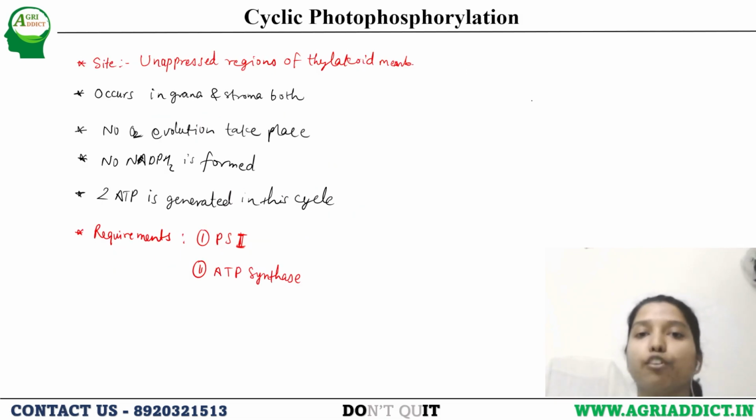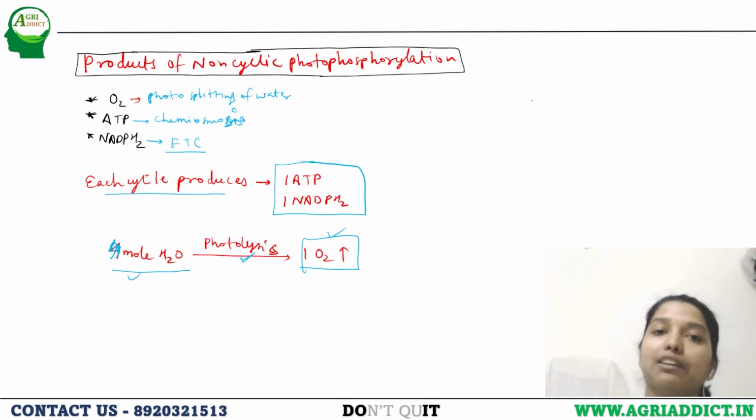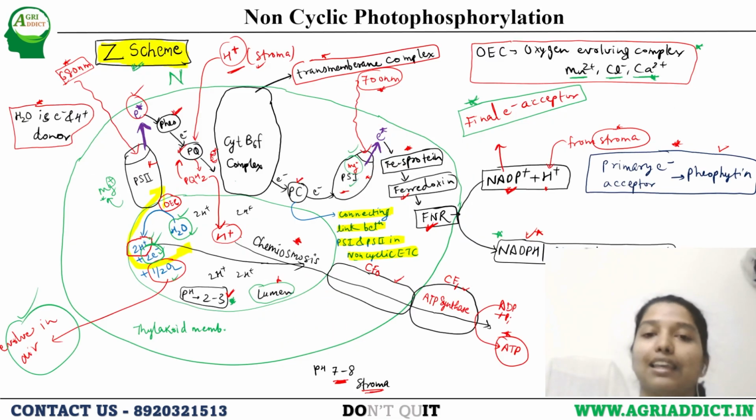Now comes the cyclic photophosphorylation. In the previous one, we studied non-cyclic. Why? Because once the electron is released, it is not coming back to PS2. Once the electron is released, it is transferred to PS1, and then to NADP, and NADPH2 is created. The electron released from PS2 does not come back to PS2 again.